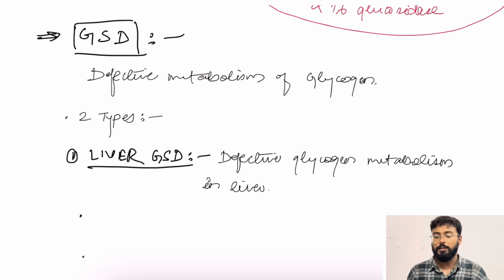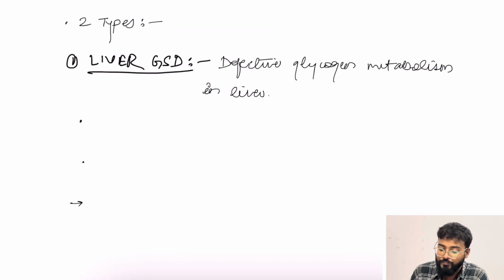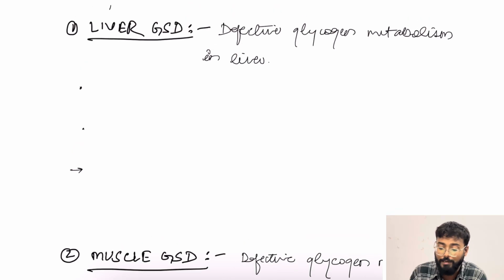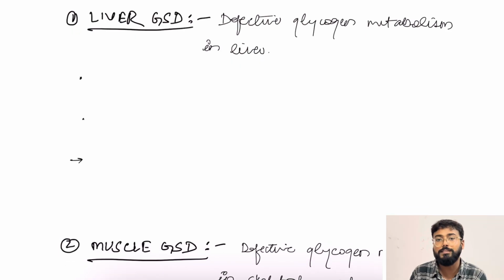Okay, so let's dive into GSD proper. GSD is a glycogen storage disorder where there is defective metabolism of glycogen, and it is primarily of two types, liver GSD and muscle GSD. In liver GSD, glycogen metabolism is defective inside the liver, and in muscle GSD it is defective inside the skeletal muscles.